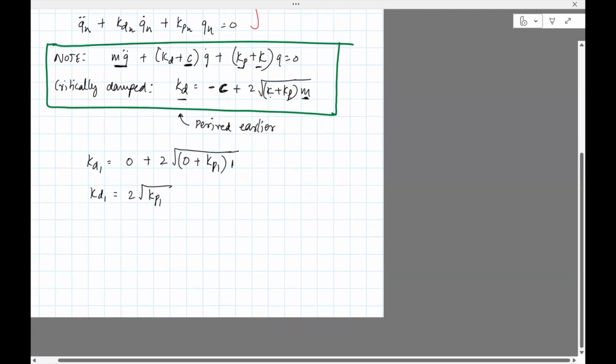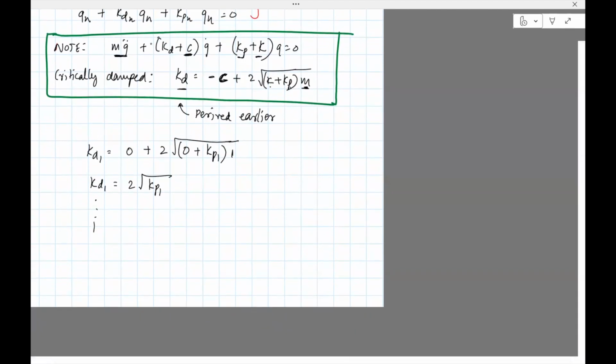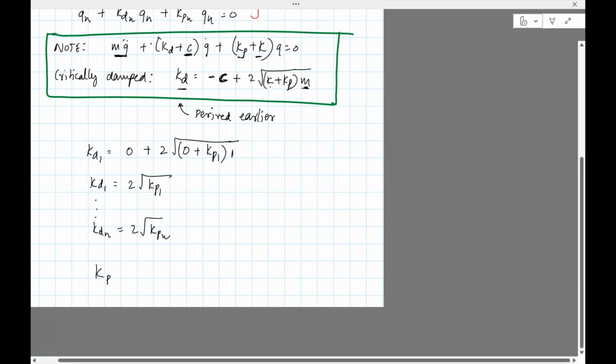Right? In general, we can do this for each one. kdn equals 2 square root kpn, or in general, we can write kdi is 2 square root kpi.